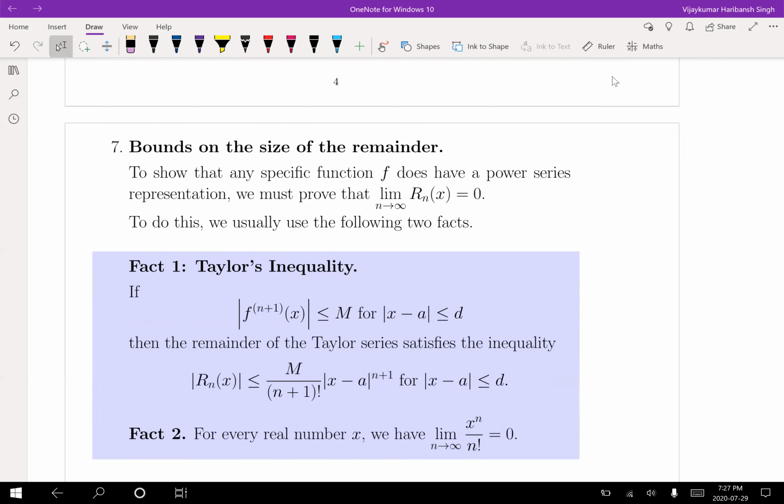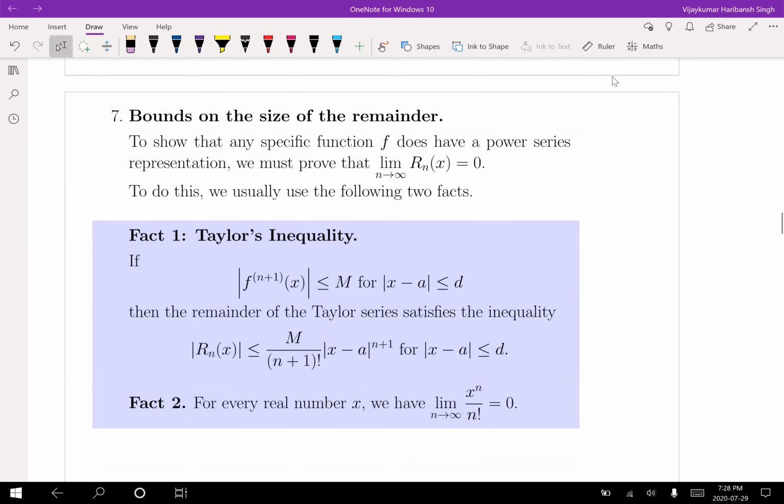First of all, we must prove that the remainder goes to 0 as n goes to infinity. To do this, we have the following two facts, namely that the absolute value of f^(n+1)(x) is less than or equal to M for all |x - a| less than d. So you're at a, this is a minus d, and you have a plus d.